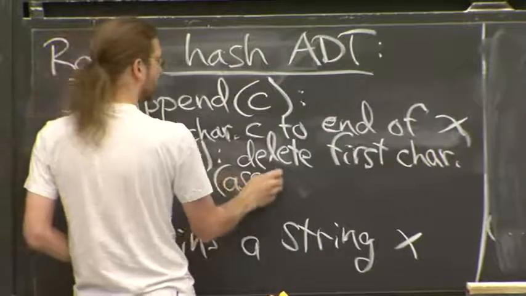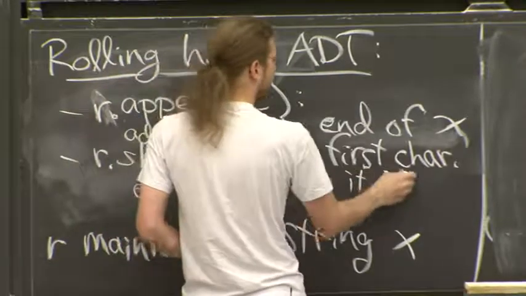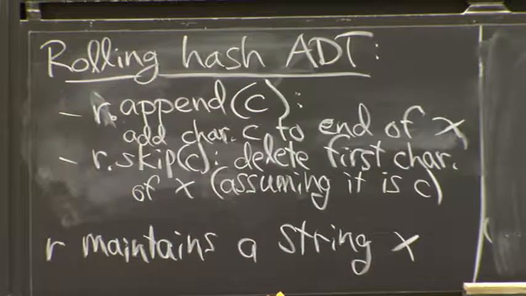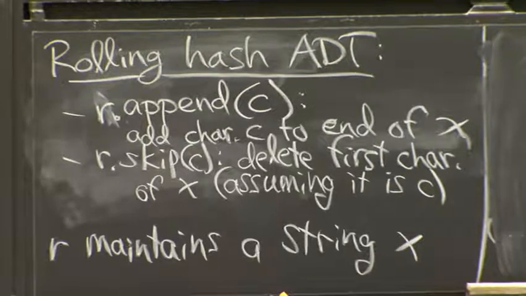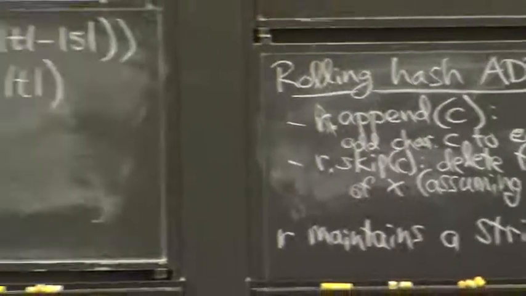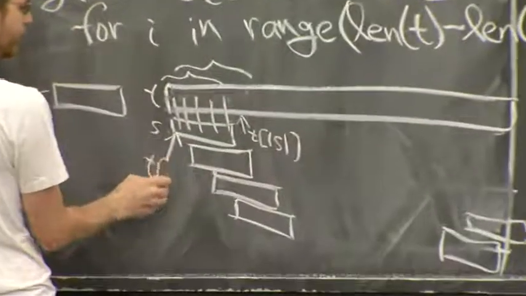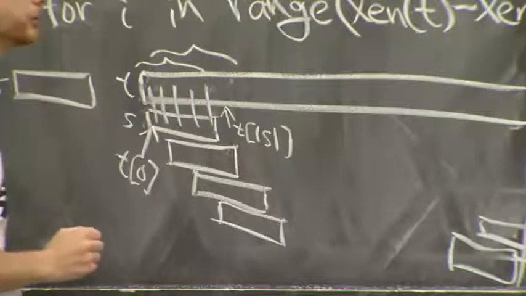And assuming it's c. So we can do this because over here, what we want to do is add this character, which is t of length of s. And we want to delete this character from the front, which is t of 0. Then we will get the next string.